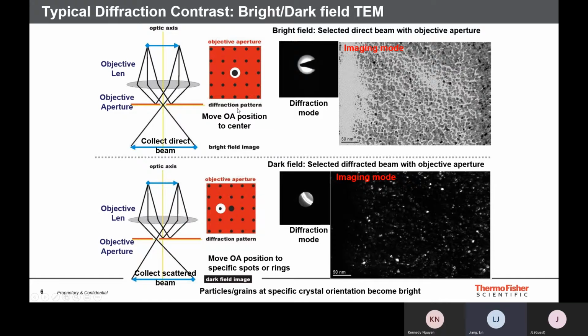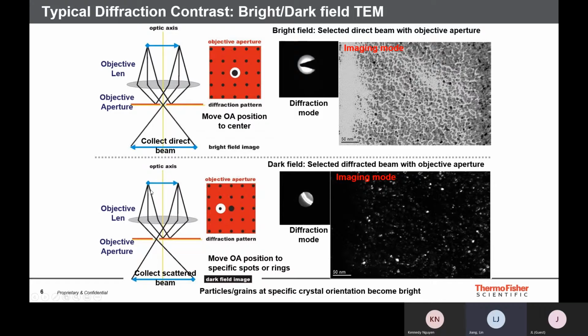So there's no orientation information within the central spot. If you use the objective aperture to select the central direct beam, we're going to see the perfect bright field with enhanced contrast by the objective aperture.